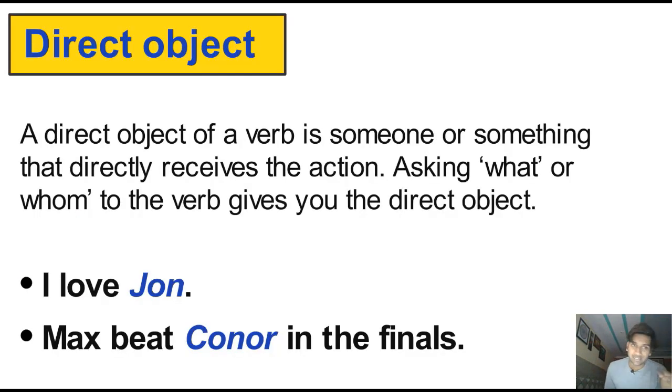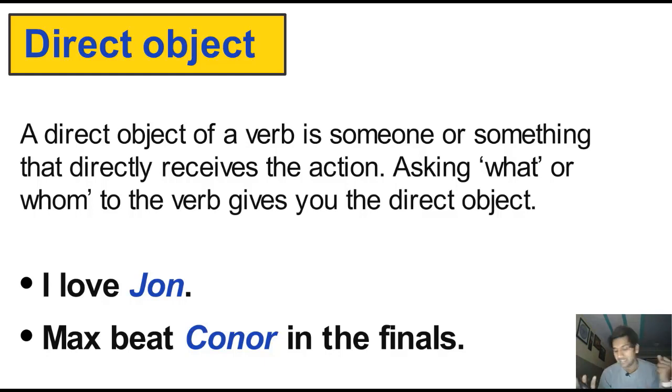Number one, direct object. What is a direct object? A direct object of a verb is something that directly receives an action. Directly. It is generally a thing, can be a person as well. So when you ask what or whom to the verb, and there is only one answer to the question, that is basically your direct object.